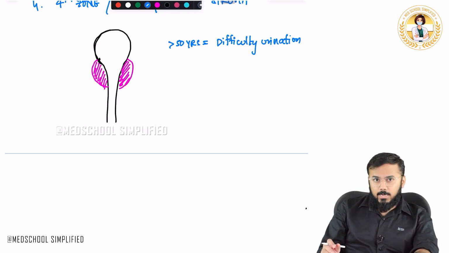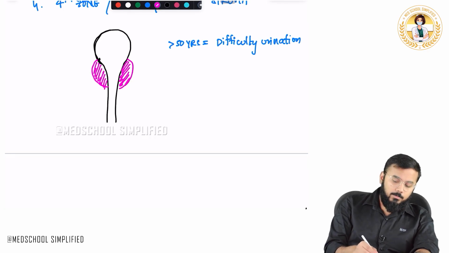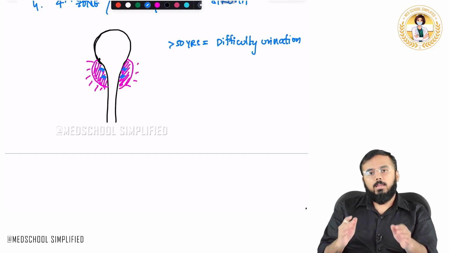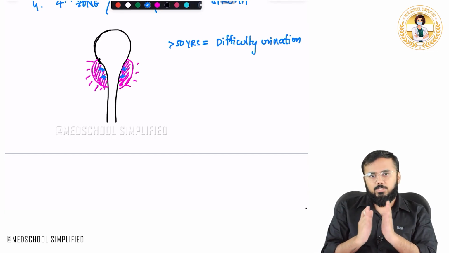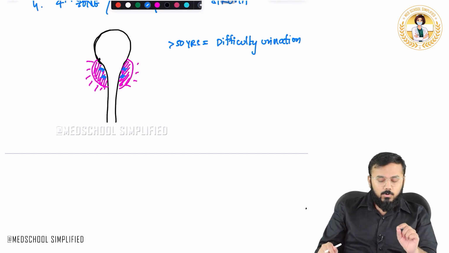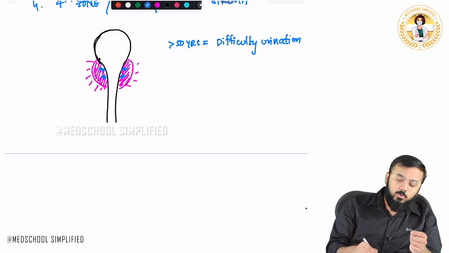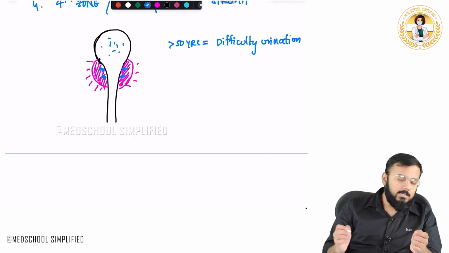When the prostate gland is enlarged, what is happening? It compresses the structure present in the center, which is the urethra. As the prostate gland enlarges, the urethra becomes completely narrow. When the urethra becomes narrow, this leads to stasis of urine within the urinary bladder itself.